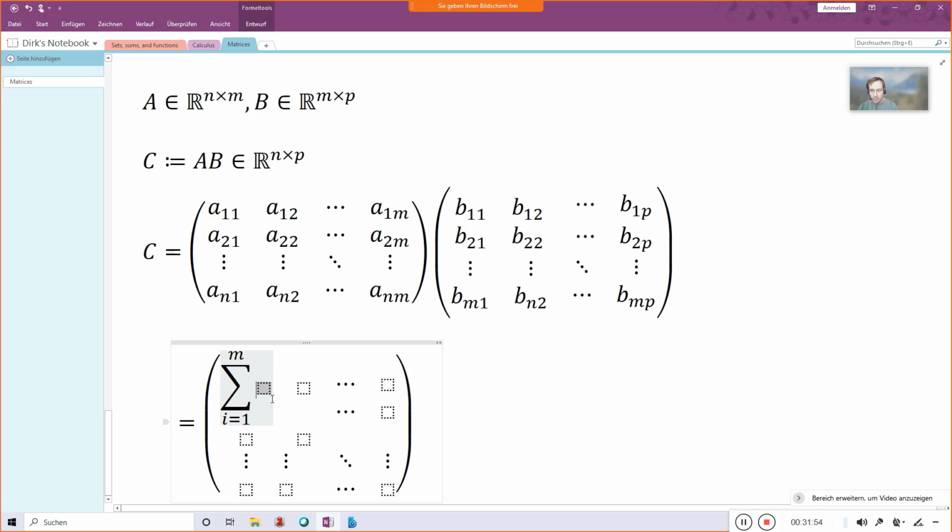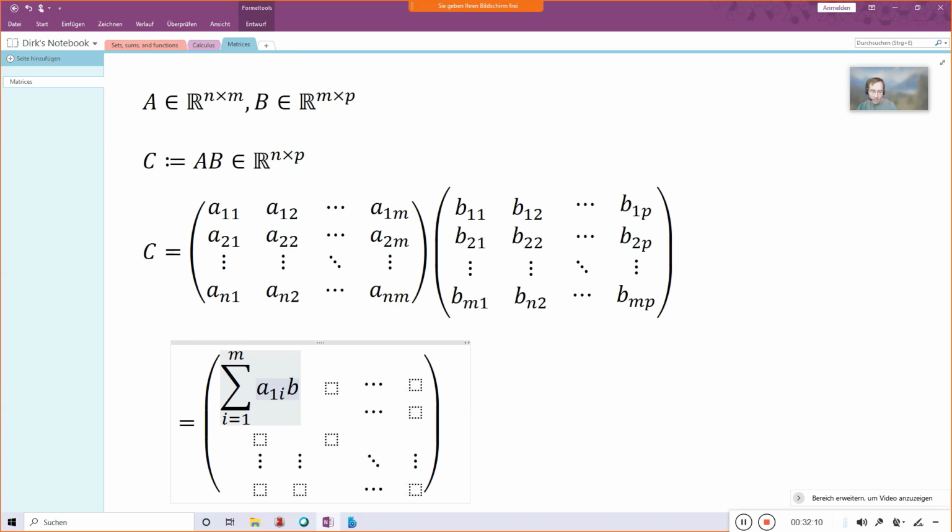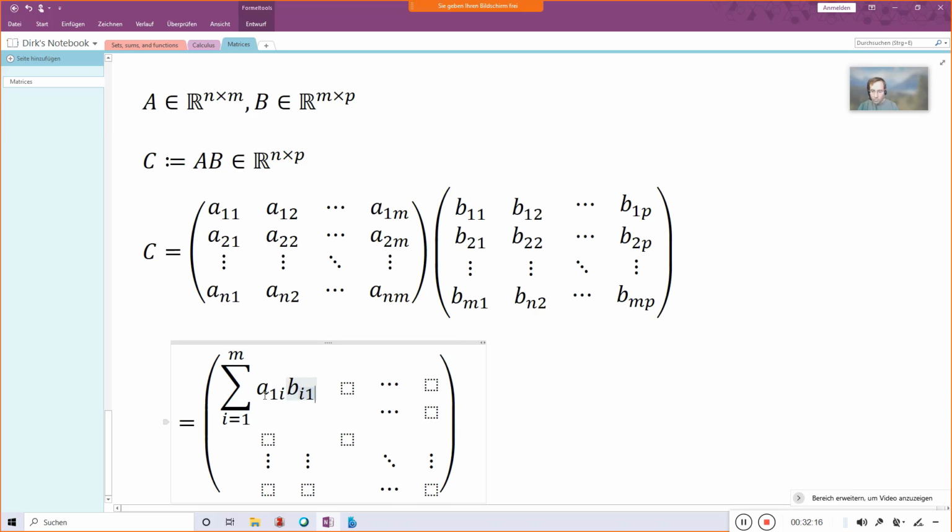And in the upper left corner of C, we consider the first row of A and the elements across all columns, and we consider the first column of B. What we do is multiply the entries and sum them all up.